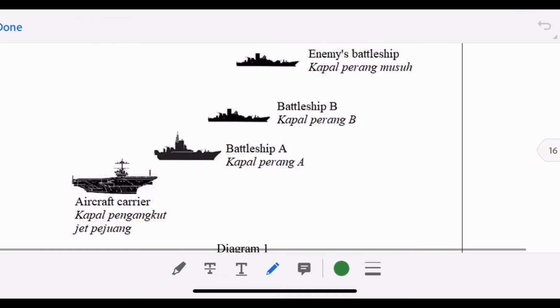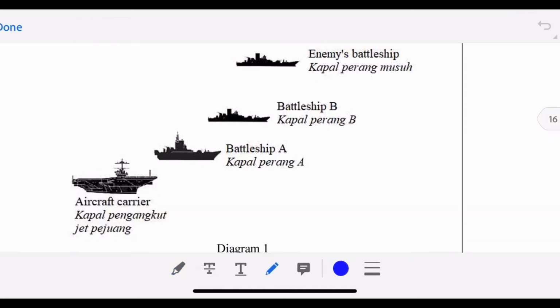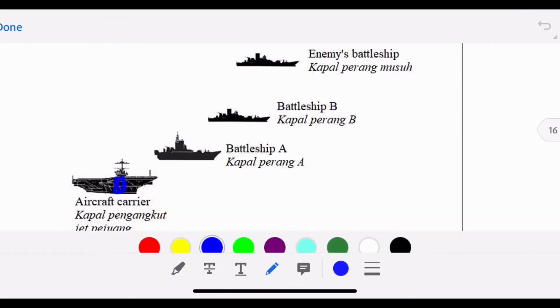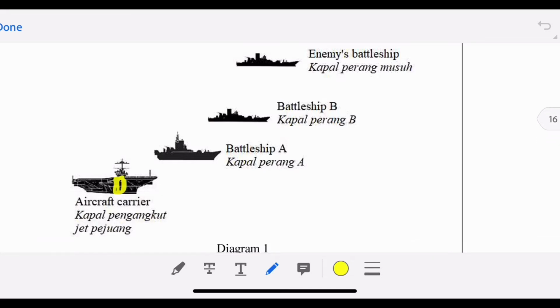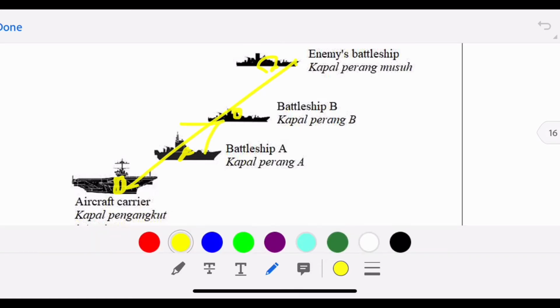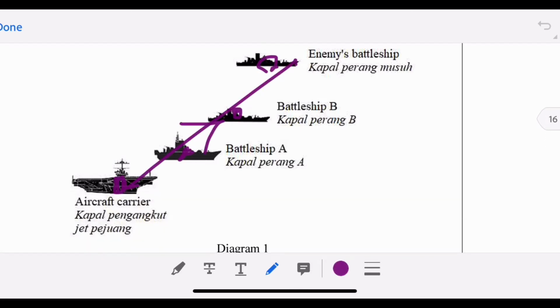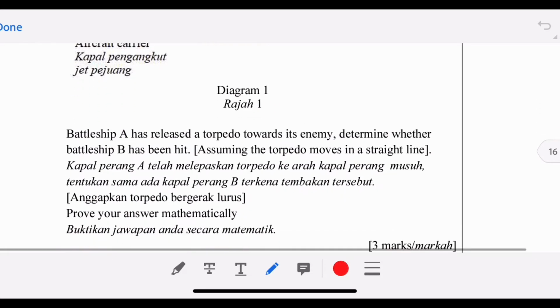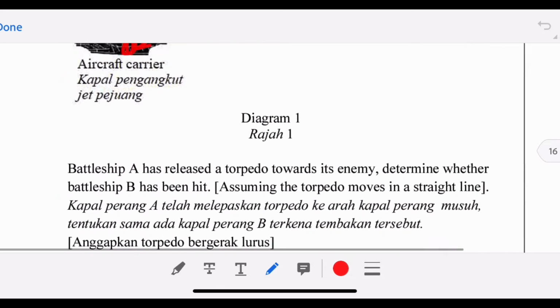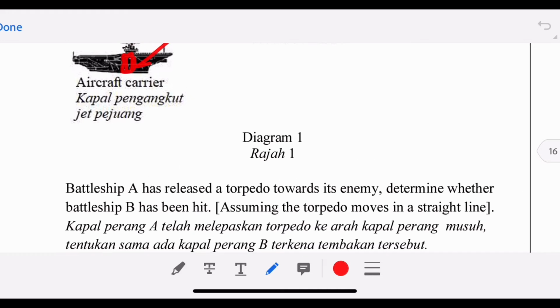Alright, so basically when you see a HOTS question, you don't have to worry. At the end, you will come back to the same concept that you learned, which is the collinear concept, right? So if it is collinear, we will find the vector for AB and AE maybe, or you can find BE, up to you.